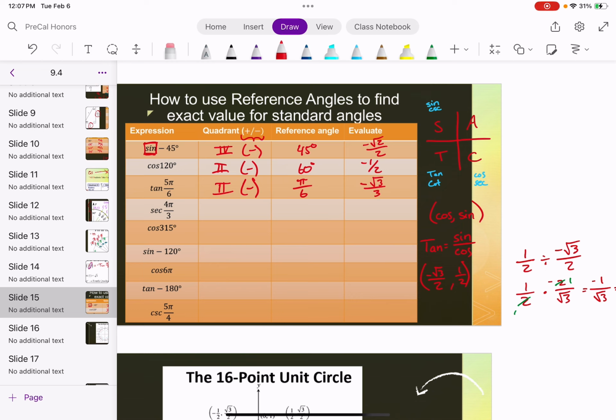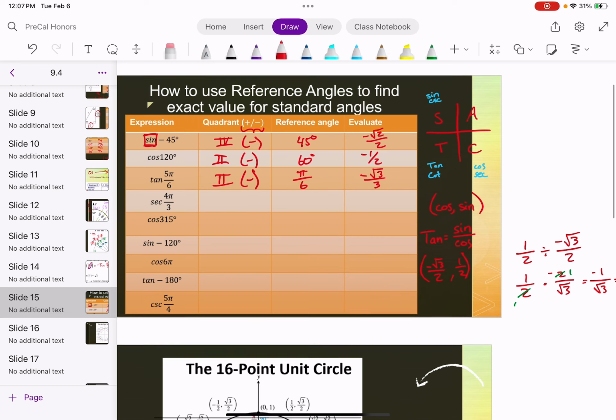Now, as you start running into some of these other problems, as far as secant, tangent, cosecant, keep in mind, secant is the inverse of our cosine, and our cosecant is the inverse of sine. So use that understanding of our inverse functions to be able to flip and work your way through these problems.